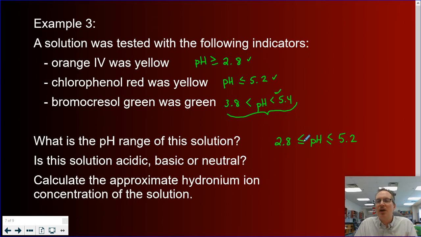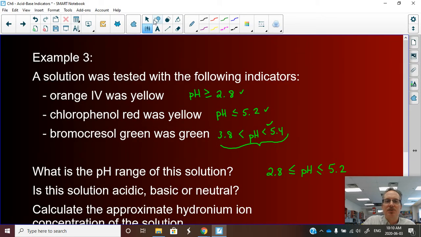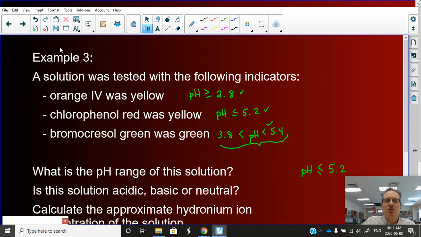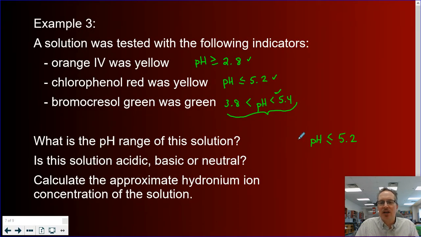Not only is it greater than 2.8, it's more specifically greater than 3.8. So I'm going to tweak this a little bit. It's not greater than or equal to 2.8 anymore. It's actually pH is greater than 3.8. So I used that clue. My pH is greater than 3.8 and less than or equal to 5.2.